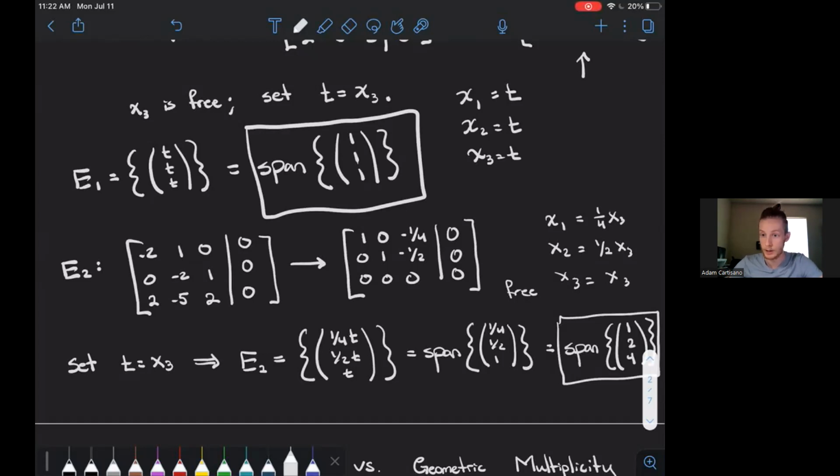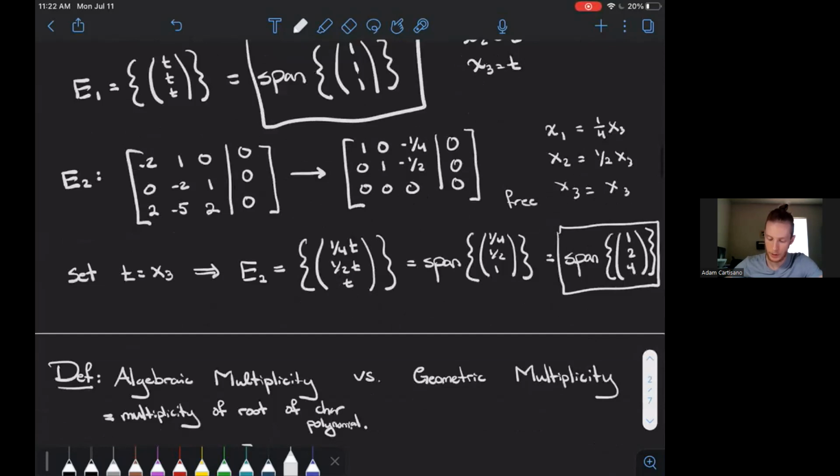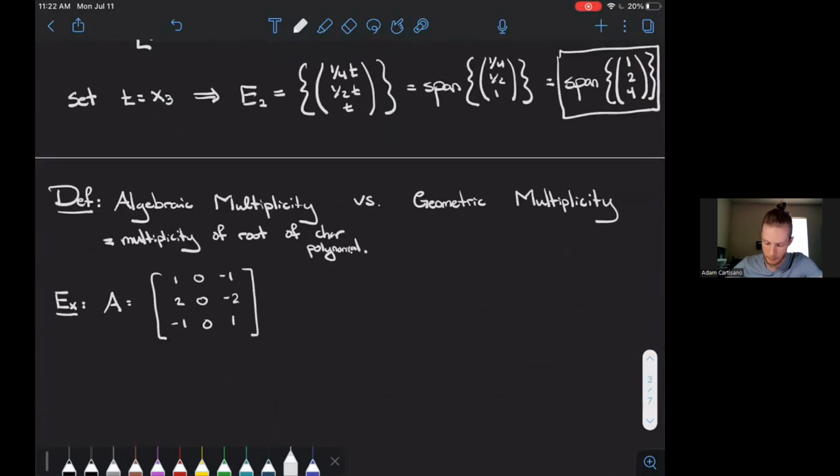Each one is one-dimensional, and the dimension of that subspace tells us how much of the whole space is being preserved by that linear transformation. So the geometric multiplicity we're taking as the dimension of the eigenspace.